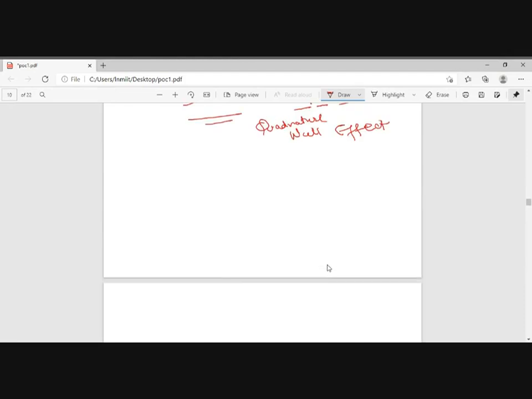Just for the sake of completion, what are the drawbacks of DSBSC? हमने ASB से, AM से स्टार्ट किया था, फिर हम DSBSC पे आए. So when we started with AM, that means DSBFC, full carrier के साथ. जब हम DSBSC पे आ गए हैं, when we have moved to DSBSC, it is more power efficient than AM.